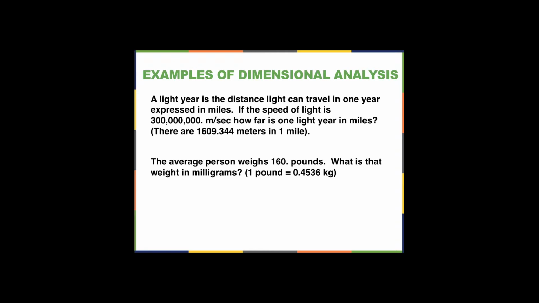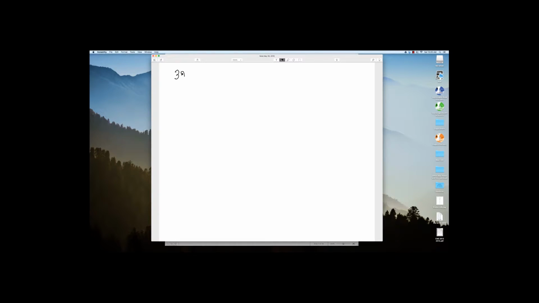And so we're going to use dimensional analysis to convert this, and I've given you the one number that you have to know in order to do this: we can travel 300 million meters in a second.